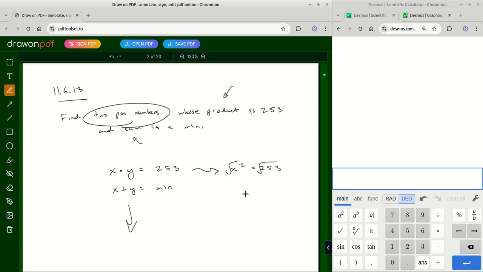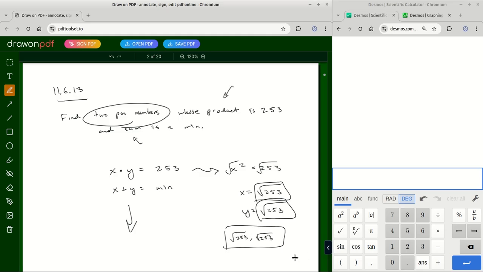Square root both sides and you're done. That is quite literally what they have for the answer. I'm not kidding you. And they do want you to use the square roots in this particular case, just as a technical thing. If you understand some of these properties, you're done. You don't have to do any math.